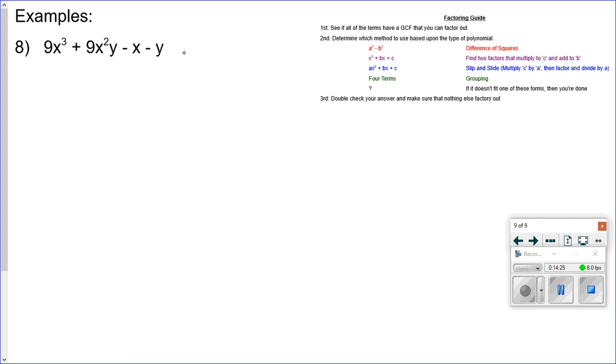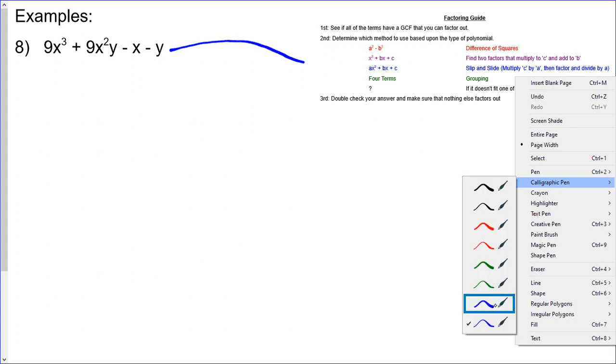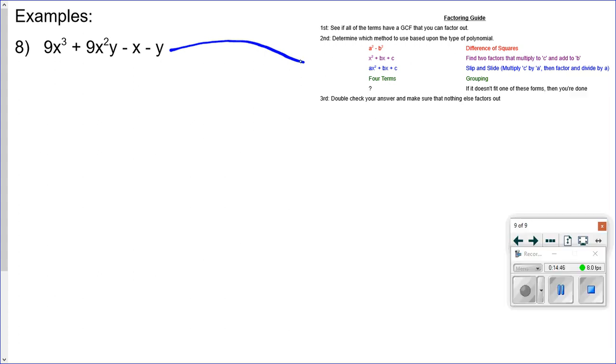So I'm going to switch my color to blue, which happens to match up with the color of the method we're going to use. Not slip and slide. Sorry about that. Okay. Here we go. 4 terms, right? It says 4 terms. So we're going to use grouping.